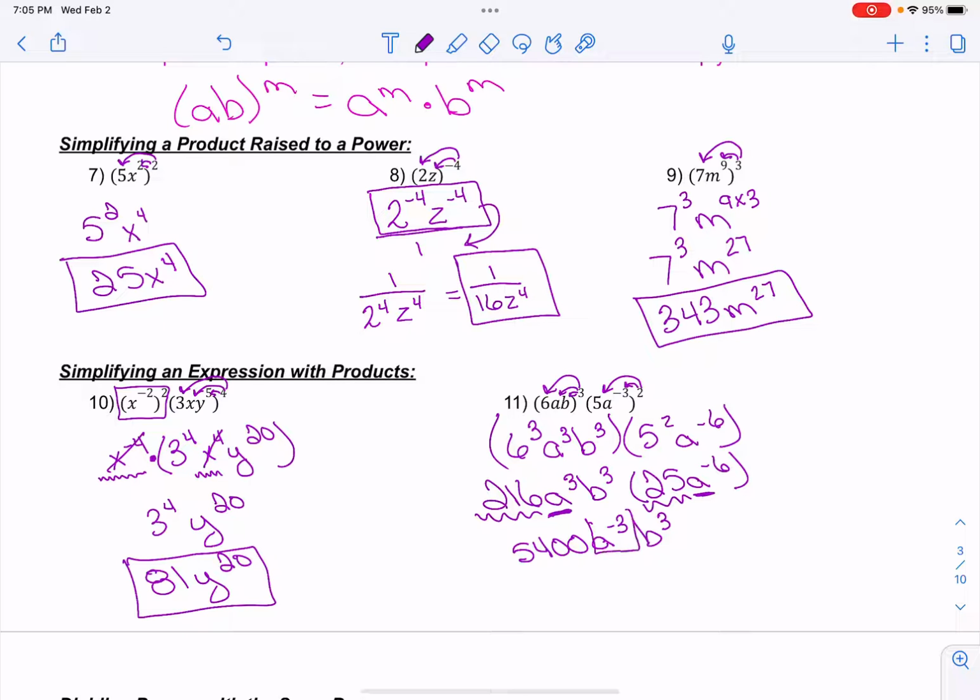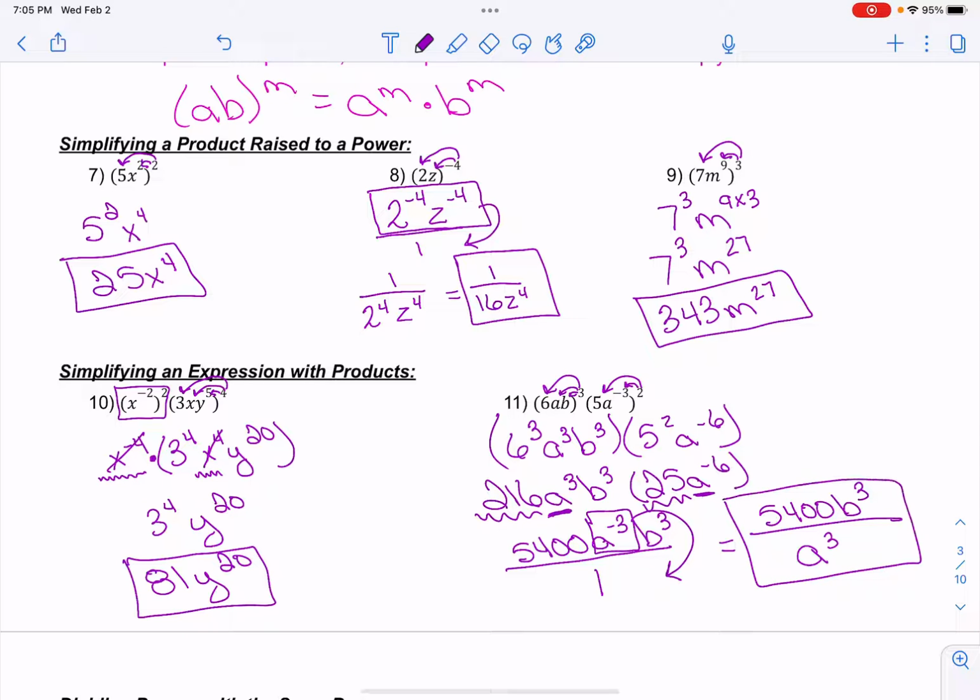We have this negative exponent here, so we have to move that into the bottom of our fraction. So we are left with 5,400 b to the third up top, and then a to the third on the bottom.